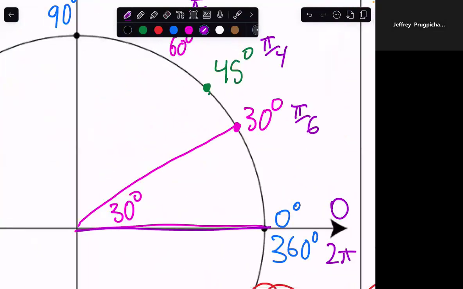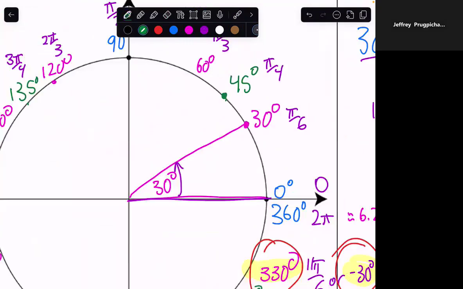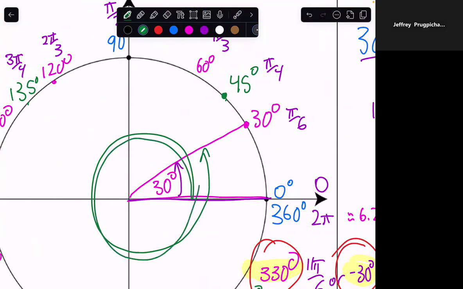We know we can get to this point by rotating 30 degrees counterclockwise. But what if instead you first did a full rotation of the circle and then went 30 degrees past that? So you did a full 360 first, and then added an extra 30 degrees beyond that.